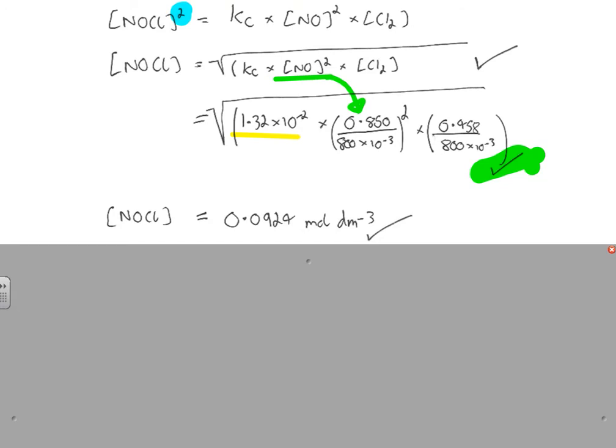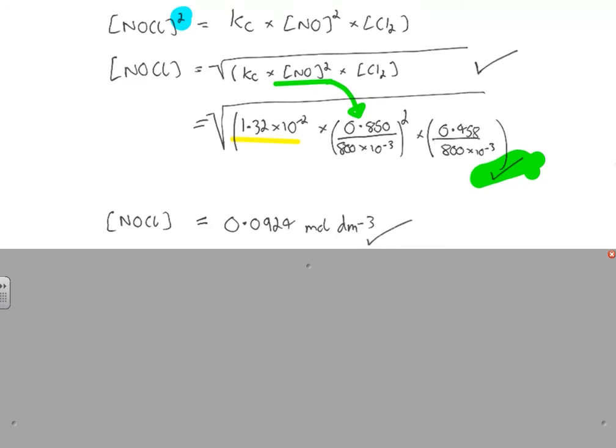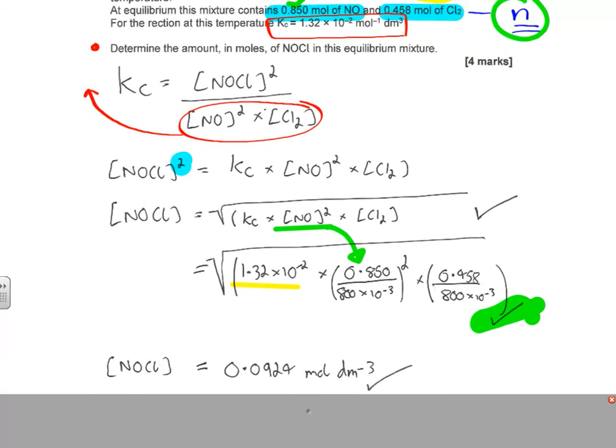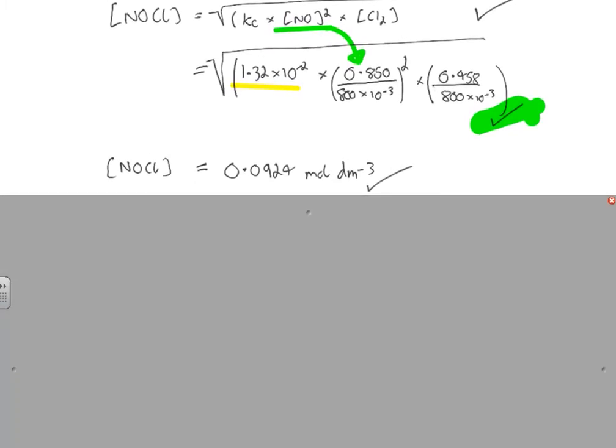We've rearranged Kc, we've put in the numbers, we've spotted that we need to work in concentration, so we've used the volume, and we've used all the data in the question. But go back to the question and have another look at what you're asked. You're asked to determine the amount in moles of NaCl in this equilibrium mixture. So yes, we've worked out a concentration, but that is not the answer to the question just yet.